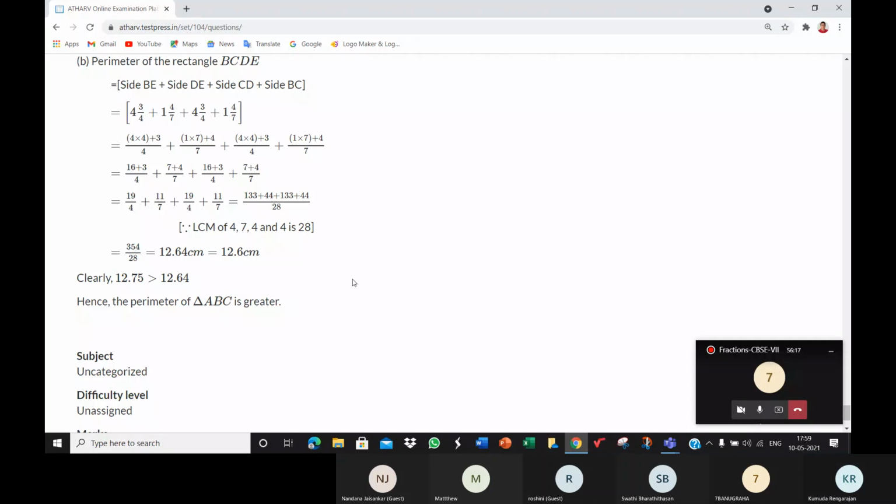When you divide 177 by 7, you will get some remainder. You will not get 0 remainder. Yes, ma'am, we get it as 3 as the remainder. So you will not get 0 remainder. That means it's not divisible.